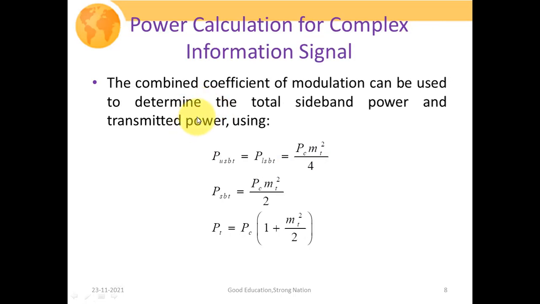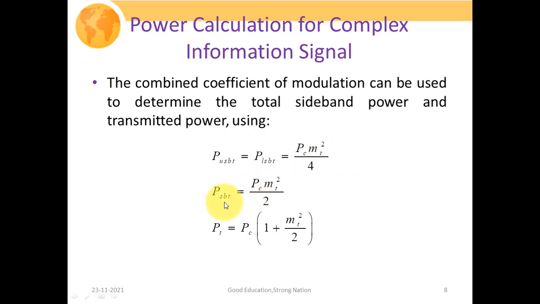So now the power calculation of this composite information signal. How are we going to calculate or evaluate the power of this composite message signal after amplitude modulation? The combined coefficient of modulation can be used to determine the total sideband power and transmitted power. The power of the upper sideband total will be equal to the power of the lower sideband total, and that will be equal to Pc times mT square by 4, where mT is the total modulation index that we defined in our previous slide, equal to the square root of m1 square plus m2 square plus m3 square up to mn square.